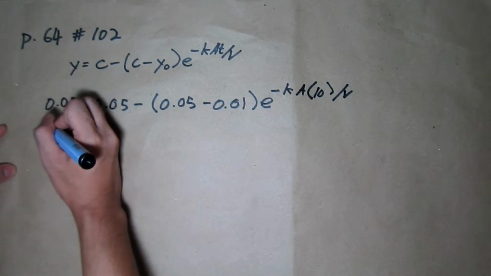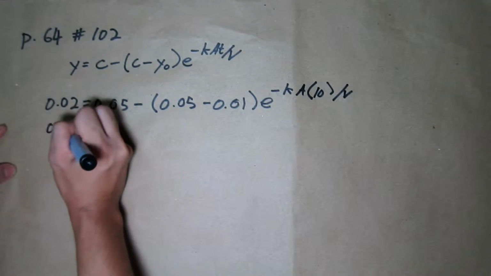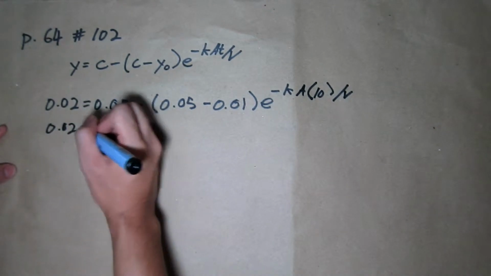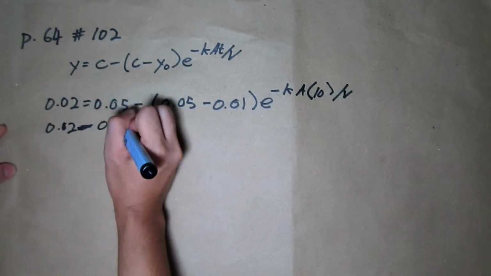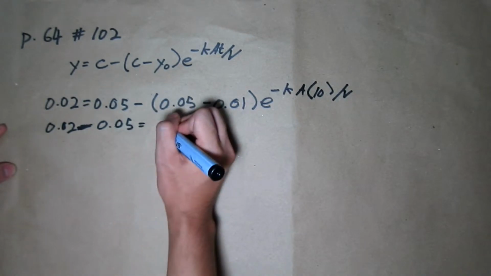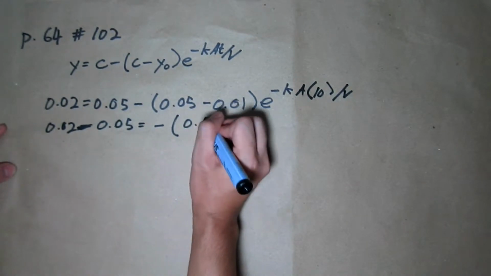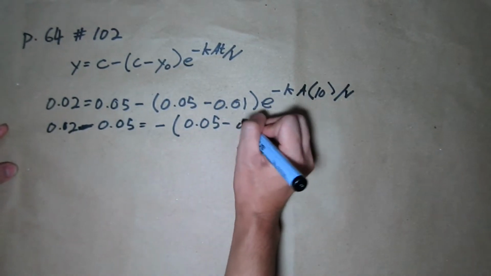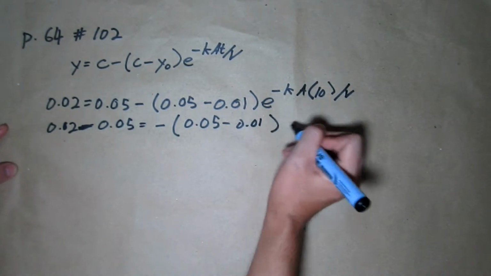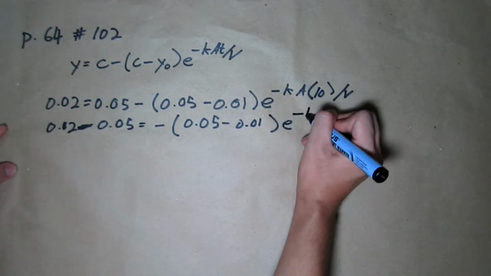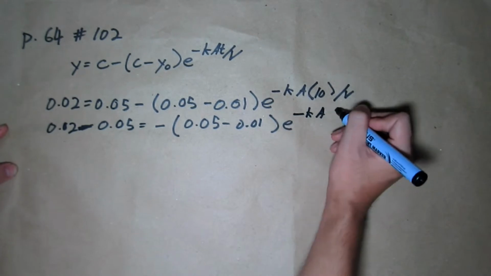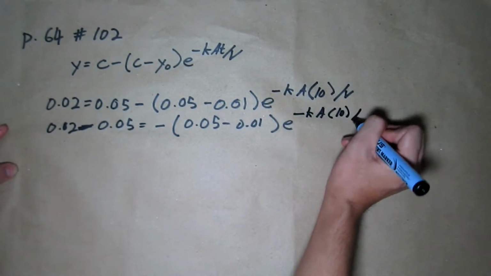Then proceed: 0.02 minus 0.05 is equal to negative times the quantity of 0.05 minus 0.01 times e raised to the power of negative ka, 10 over v.